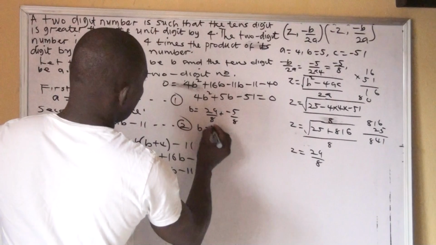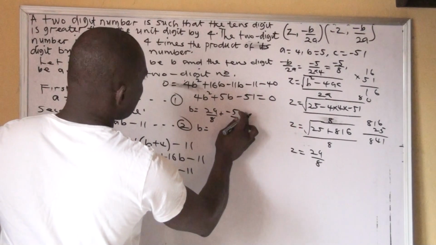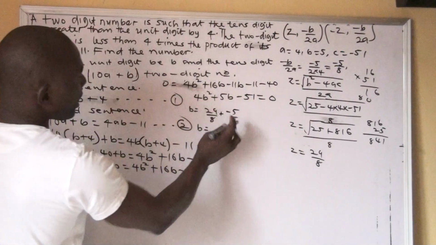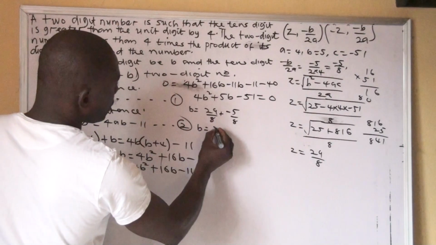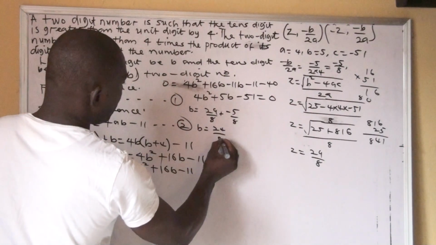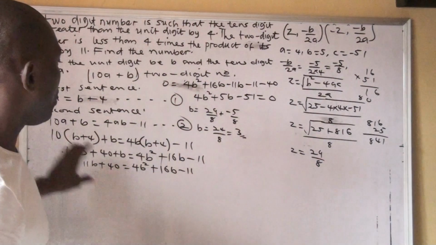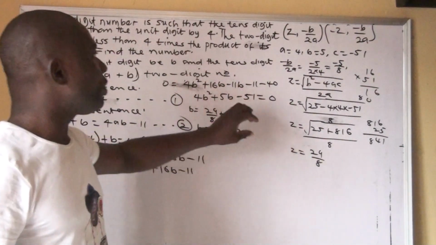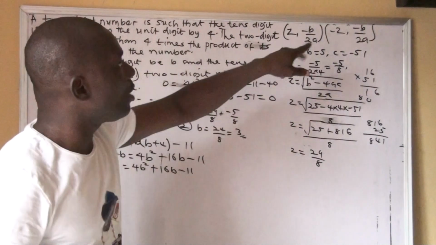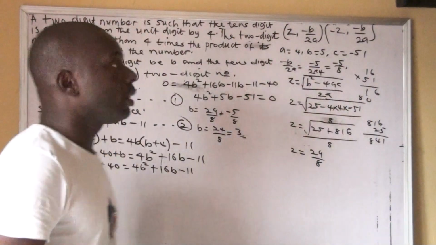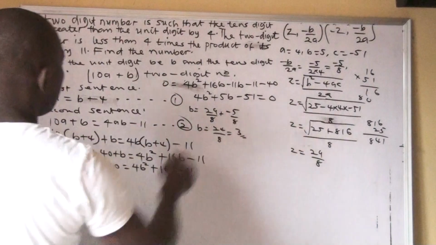So 29 minus 5 will give us 24 over 8, and that will give us 3. Okay, so here we are only dealing with the positive number. Here we ignore this one. So we know that b is 3.